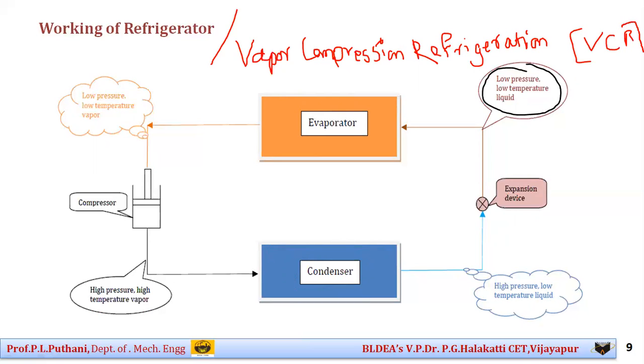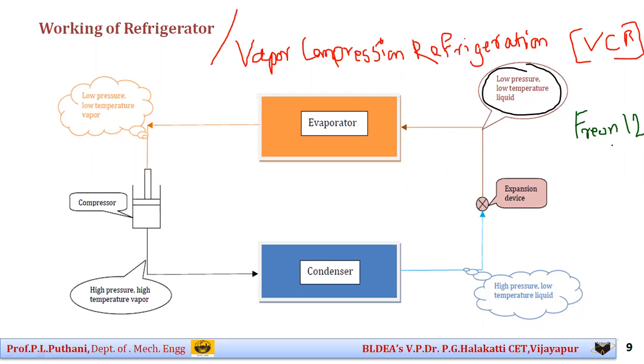One important point which we would like to add for vapor compression refrigeration is the type of refrigerant which we prefer, students. Generally, for vapor compression refrigeration, the refrigerant normally preferred is Freon itself. As I was telling you, the refrigerant which we use is called Freon 12, F-R-E-O-N, Freon 12.